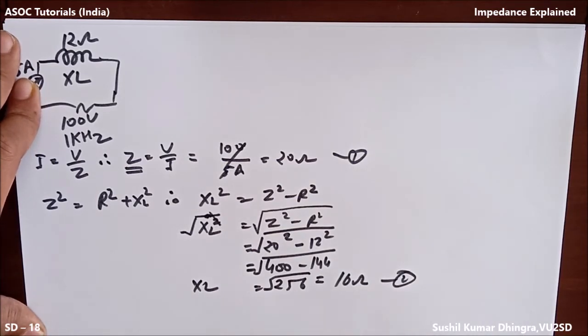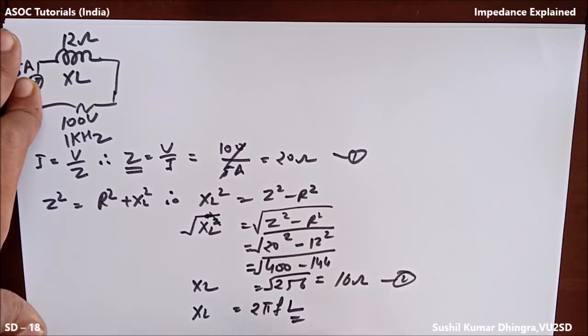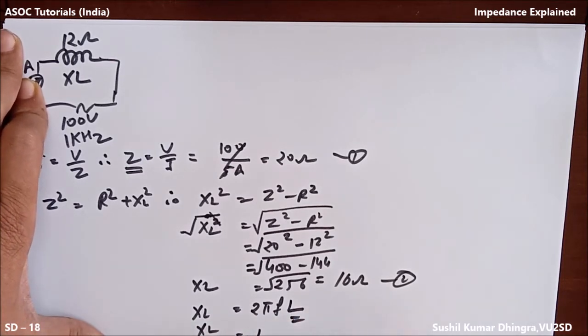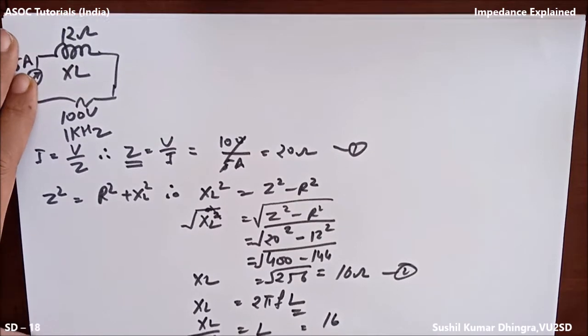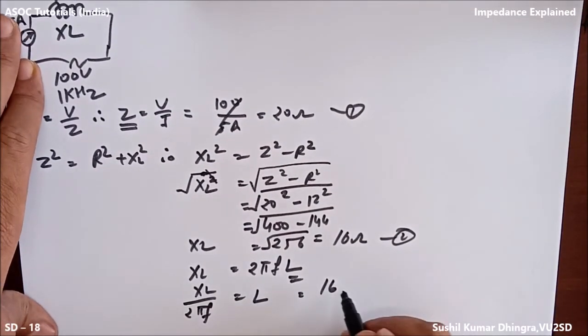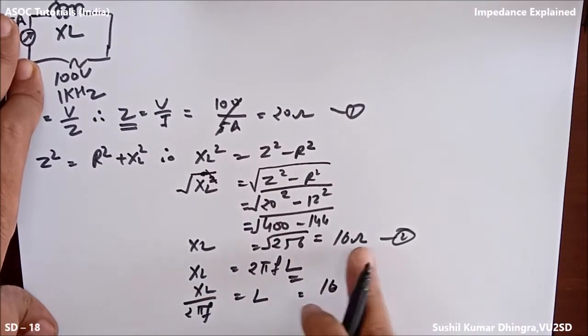Going continuously, I need L. This XL, you remember, is equal to 2 pi f L. Or go the reverse way. How are you going to do it? Going down, XL by 2 pi f is equal to L, because I need L. So XL is equal to 16, already calculated here.